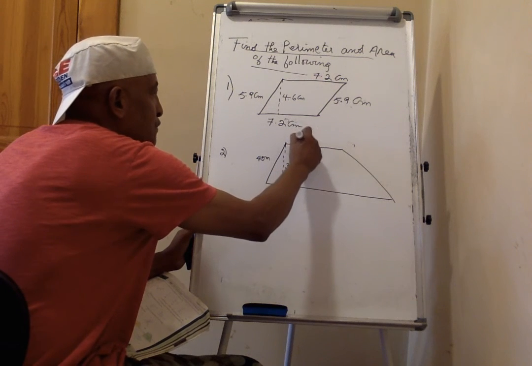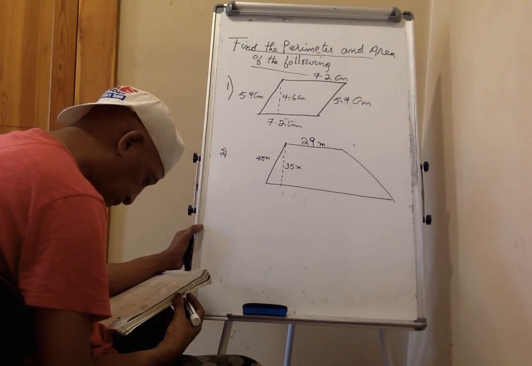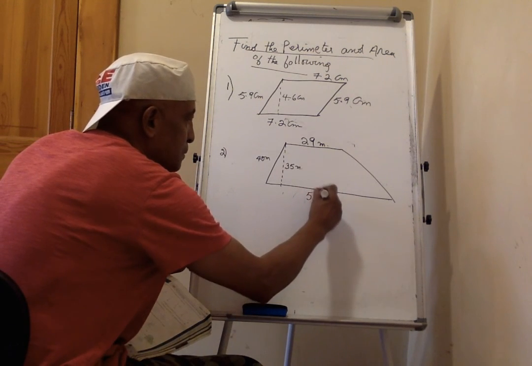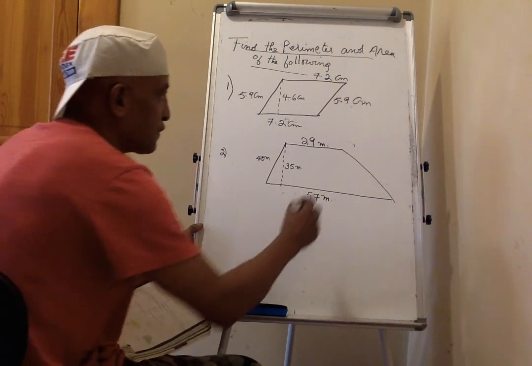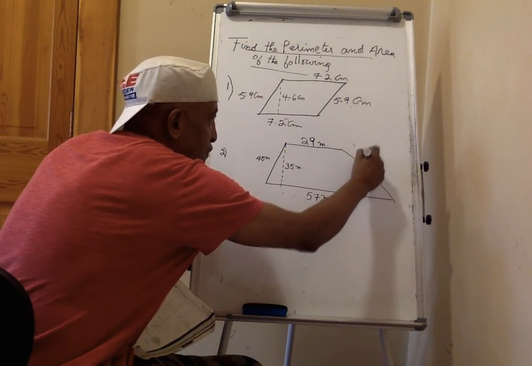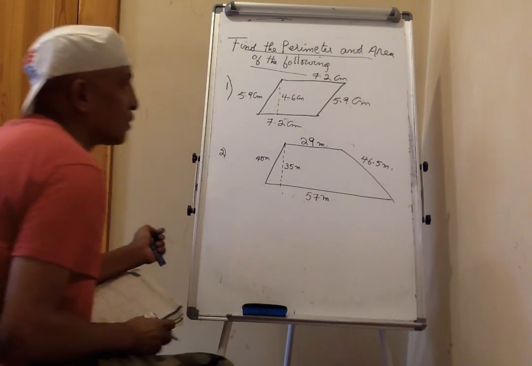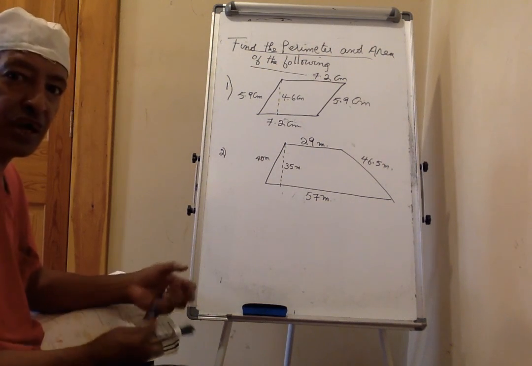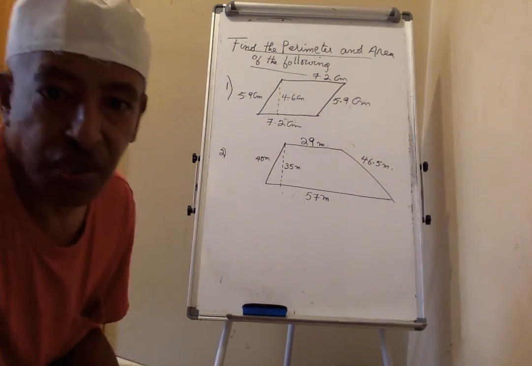This one is 29 meters. And this one is 57 meters. And this one is 46.5 meters. So use the formula of the area that I gave you, and I think you will be okay for today. Okay?